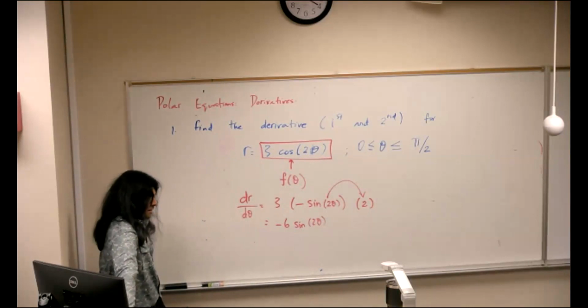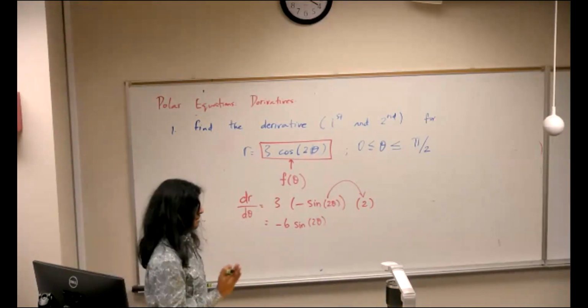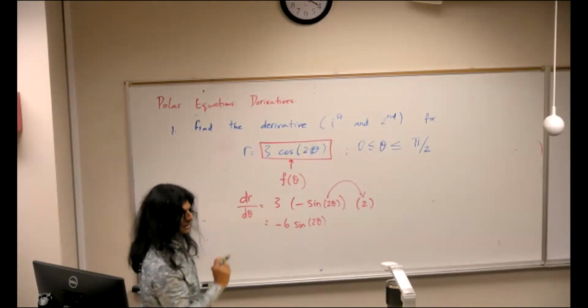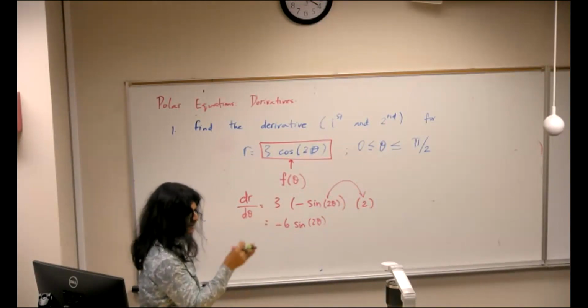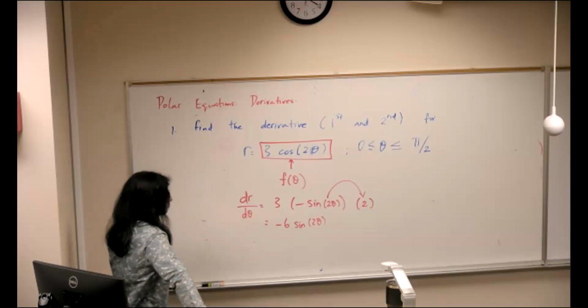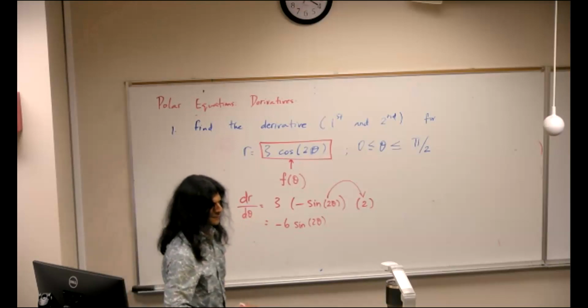Well, even though we have dr over d theta, we do not know how to draw what Caleb was referring to, the line. For that, we need the equation of the line. How to draw a line in polar system?